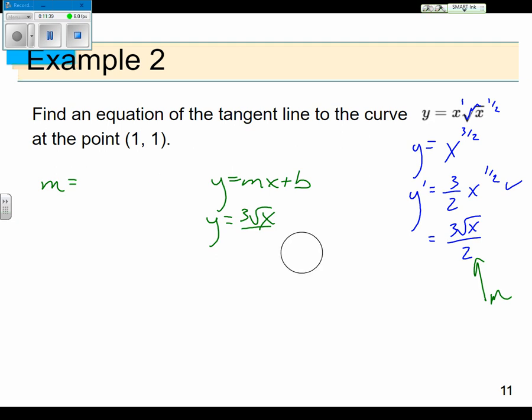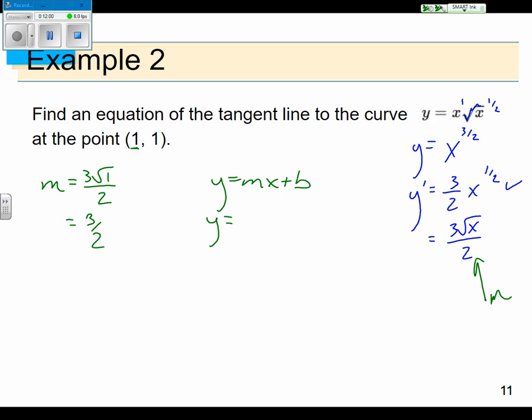You guys are being confusing. All right, so I'm just going to work this slope out separately over here. So I'm going to take this one right here. That's my x. And so I get 3/2 for my slope.